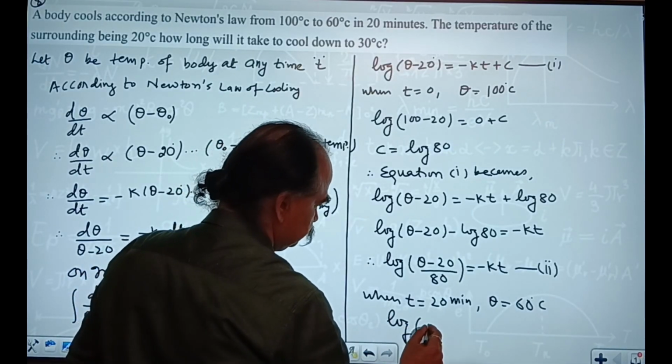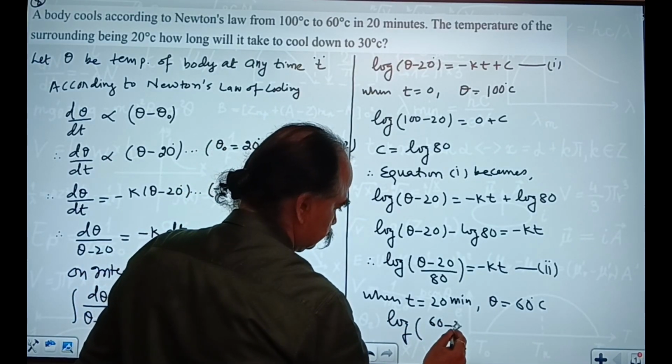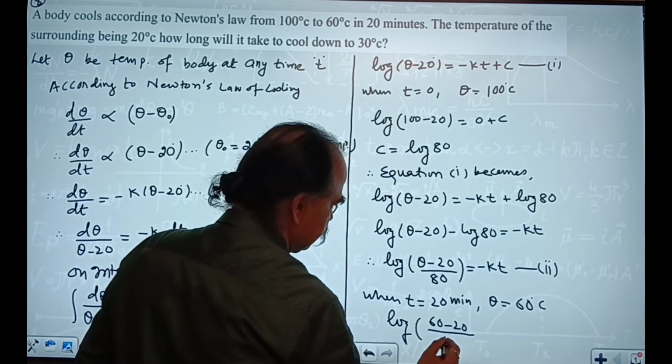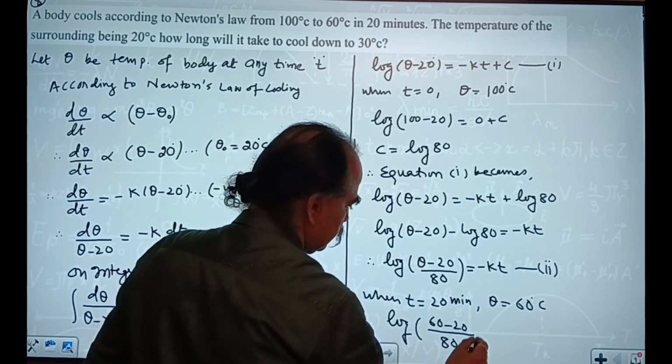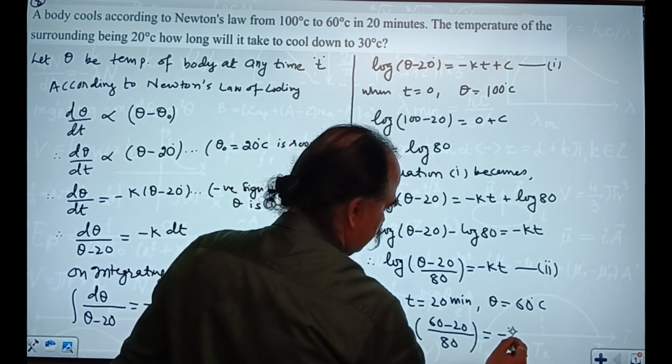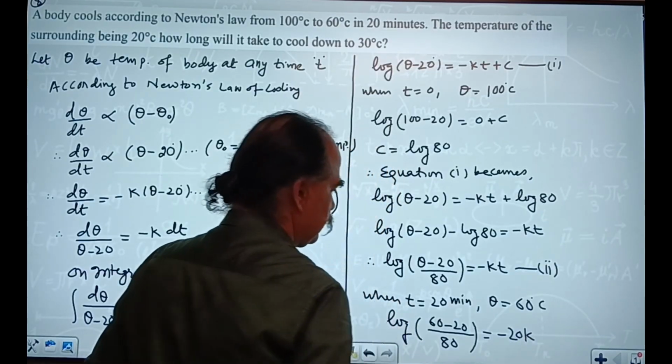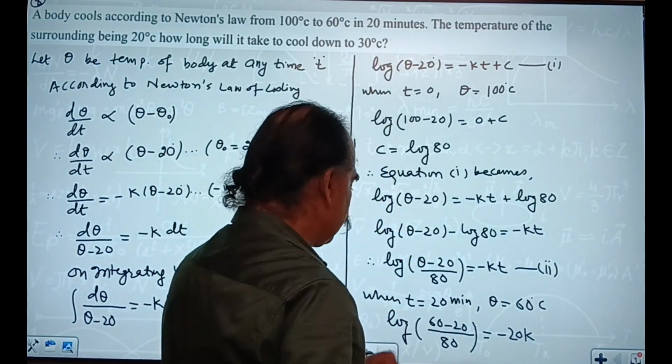Log of 60 minus 20 upon 80 is equal to minus 20k. So log 1 by 2.